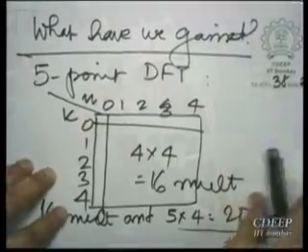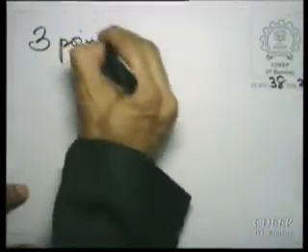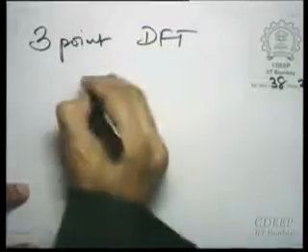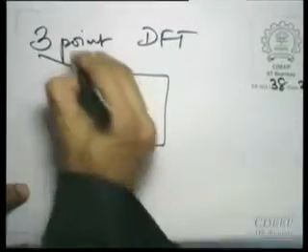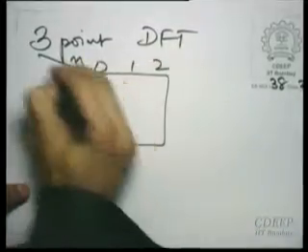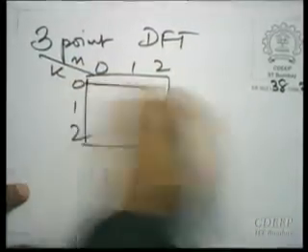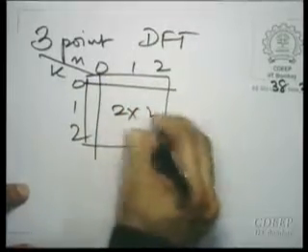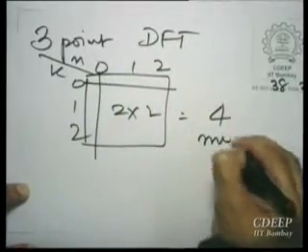Similarly, if you take a 3-point discrete Fourier transform, we can again set up the multiplication matrix n 0, 1, 2, k 0, 1, 2. Of course, this has no multiplication for 0, but there are 2 cross 2, so 4 multiplies.